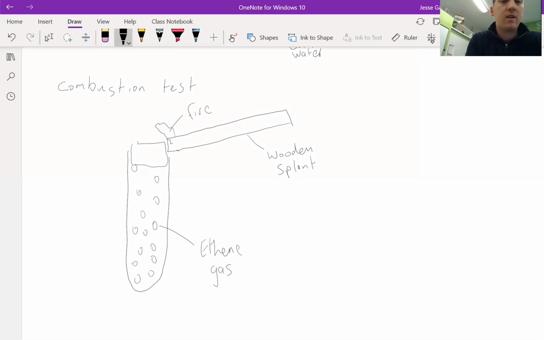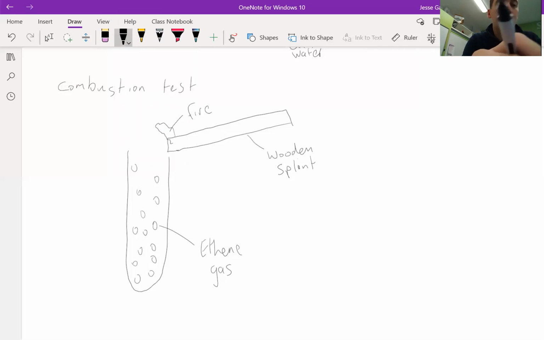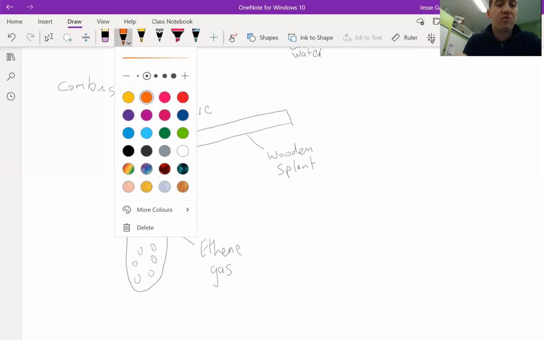We would then remove the stopper and expose the wooden splint with the flame to the ethene. In a combustion test for ethene, what we would see is a flame, and it would be quite a bright flame. So I'm going to draw it in an orange color. It's quite a bright, luminous flame is what we call it. All right, so a luminous flame.